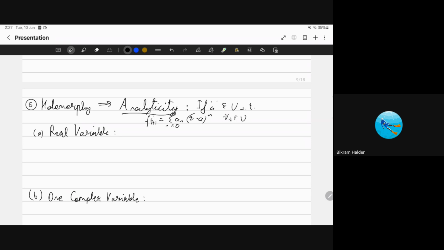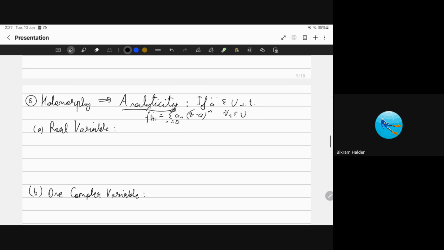And this is again something that we are all familiar with. And in the real variable case, we all know that differentiability in that sense does not imply analyticity.